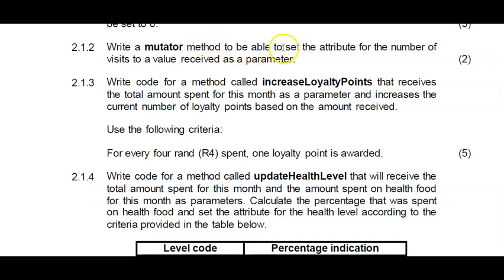But here they ask that we have to set the attribute for the number of visits to the value received. So therefore we have a number received for the number of visits. These questions sometimes ask you to set the attribute, as in this case, and sometimes it asks you to add on to the existing number of visits. Press pause and try it yourself. It should be 2 easy marks.